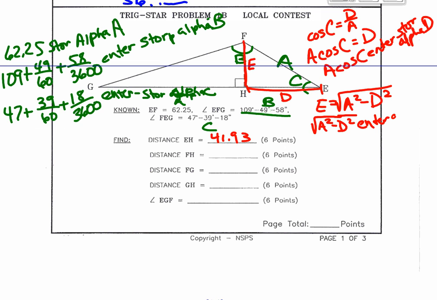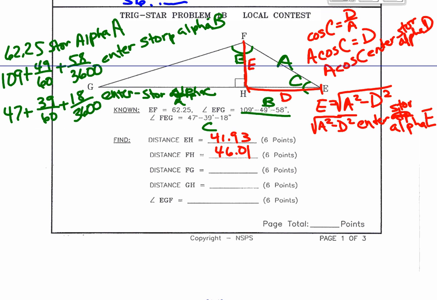And then store alpha E. So I know that that's in there. And that answer, which is FH, is 46.01.